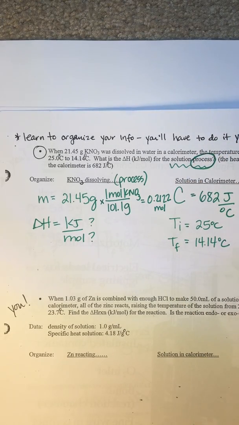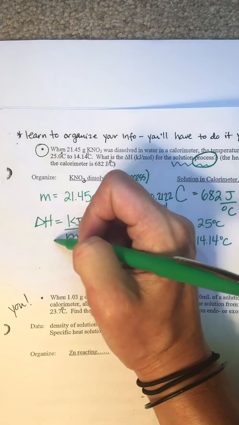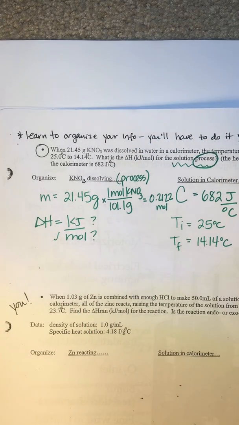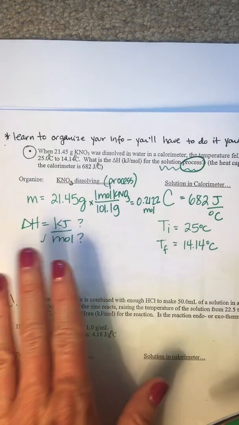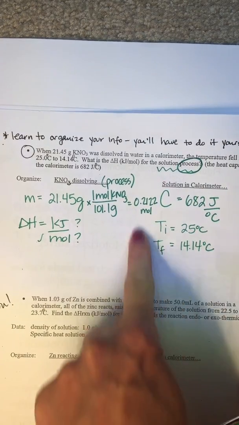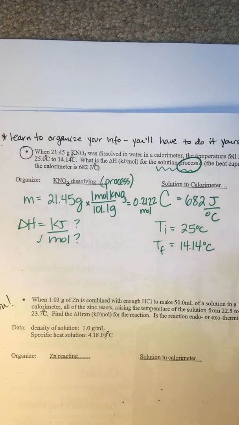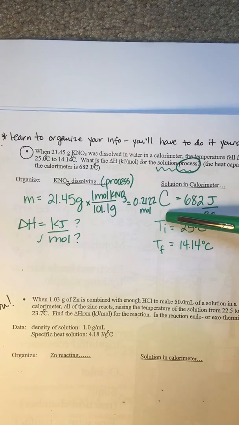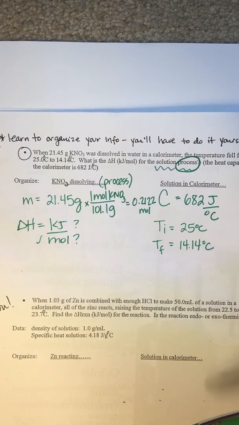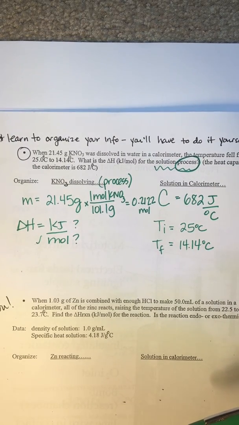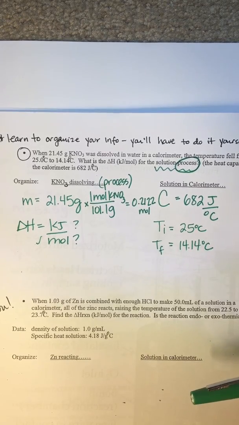So we have our moles of potassium nitrate, and we've got that done. Now we need to find our heat. We don't have any other information over here, but we've got a lot of information over here. We've got a change in temperature, and we have the heat capacity of the calorimeter, our big C.